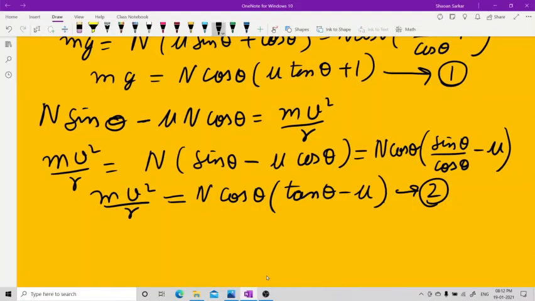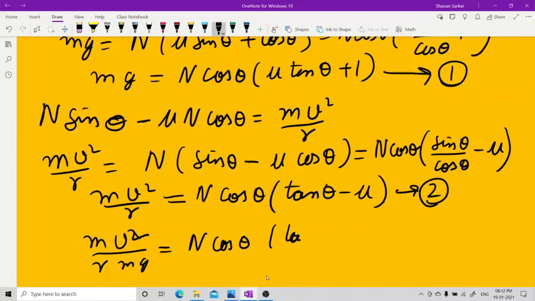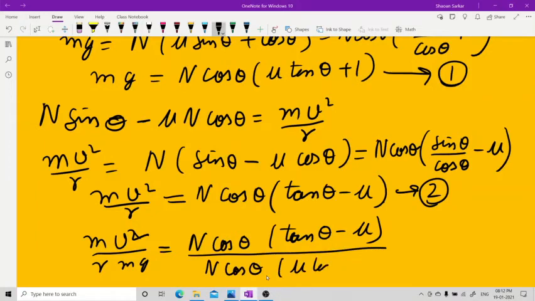Yes, you divide mv square by r into mg. You have n cos theta on the top, tan theta minus mu upon n cos theta, and you have mu tan theta plus 1. Now this and this will cancel out. Let me rewrite this clearly.